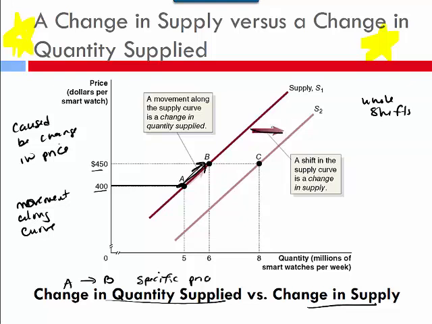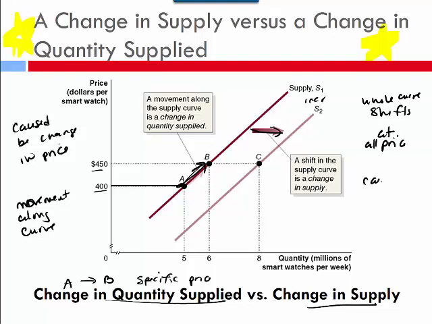In this case, we're going from supply 1 to 2, so that's an increase in supply. The whole curve shifts. This is at every price, okay? So at all prices.